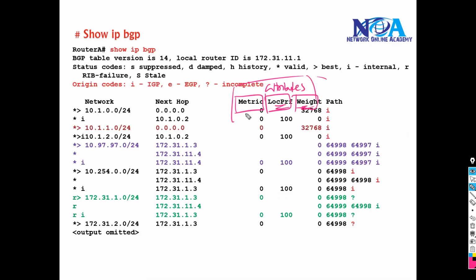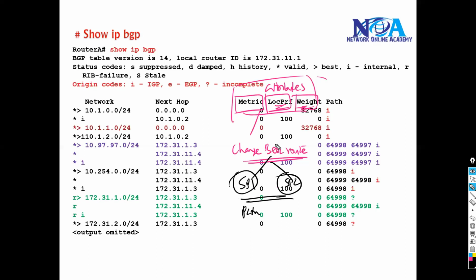These attributes are used to change the best route. We'll see local preference and weight in our next topics, where we'll see how we can manipulate the best routes, and how we can say that some traffic should go through service provider 1 and some traffic through service provider 2. We can do that path manipulation based on these attributes.